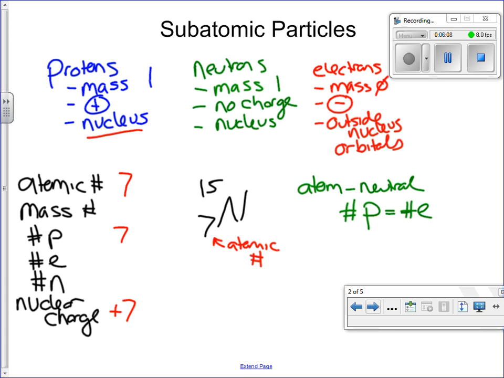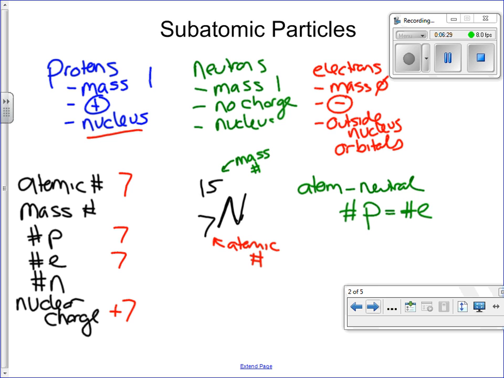So, since I do not have a charge listed here, it is a 0, it is a neutral atom, okay? And that means that my number of protons equals my number of electrons. So, I have 7 electrons as well. Finally, my mass number is what's listed up here. This is my mass number.